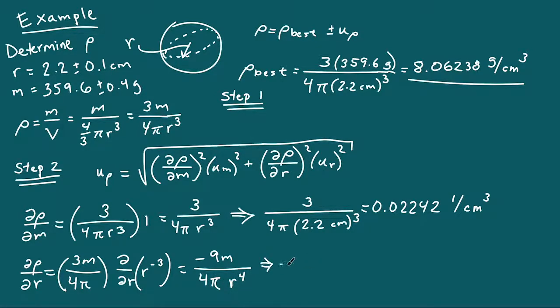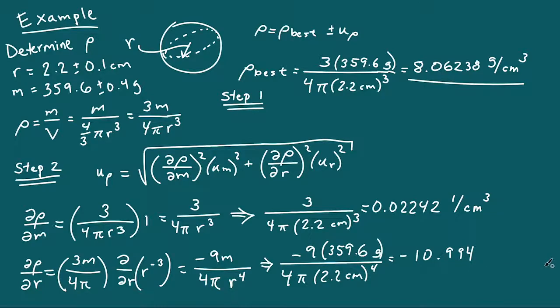If we want to plug in numbers for that, which is helpful, so we have a 4 pi 2.2 centimeters to the 4th, and we have a negative 9 times 3, 59.6 grams in the numerator. So I'll plug that into the calculator, and I end up with negative 10.994, and the units for that are going to be grams per centimeter to the 4th power.